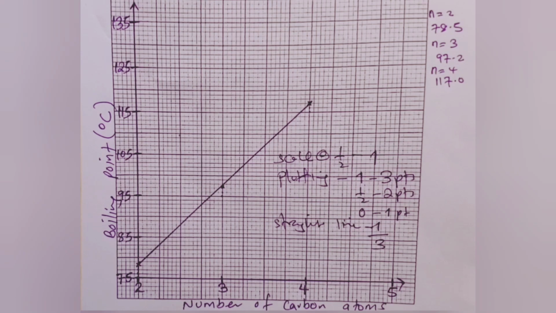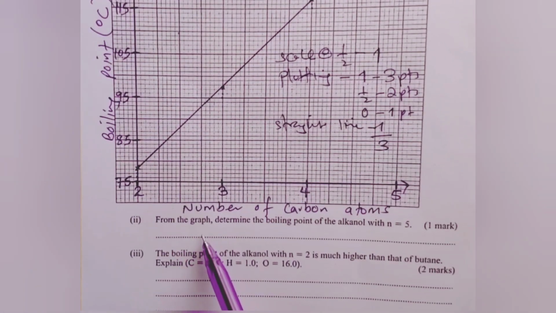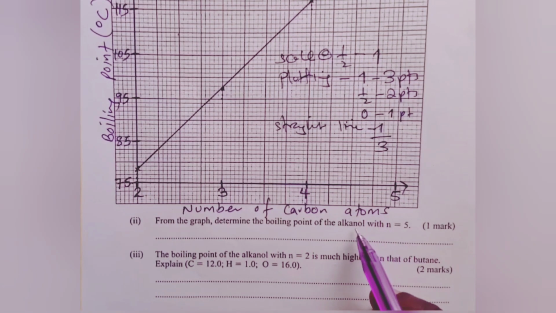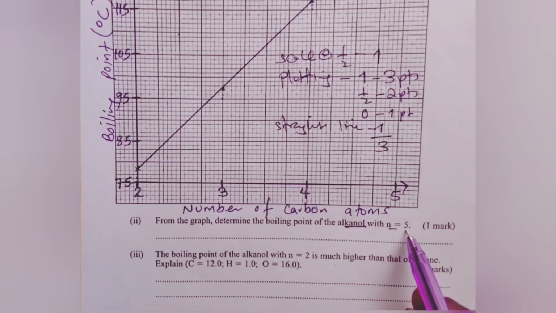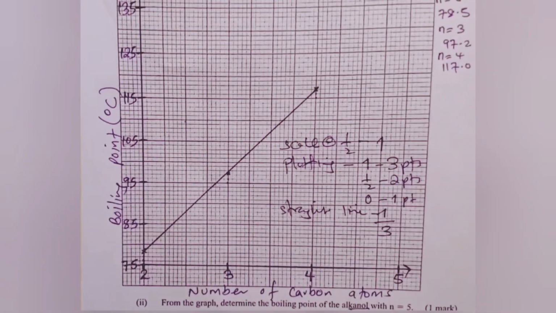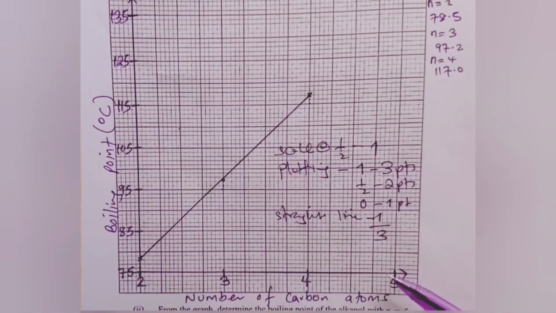Now, the first question after drawing the graph is asking us that from the graph, we are supposed to determine the boiling point of an alkanol with n is 5. This 5 was not covered in the table, but as we were drawing our graph, we catered for 5 here.